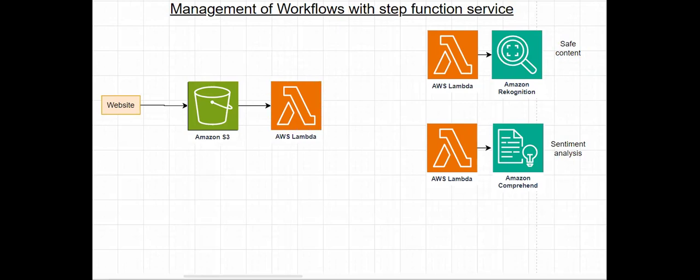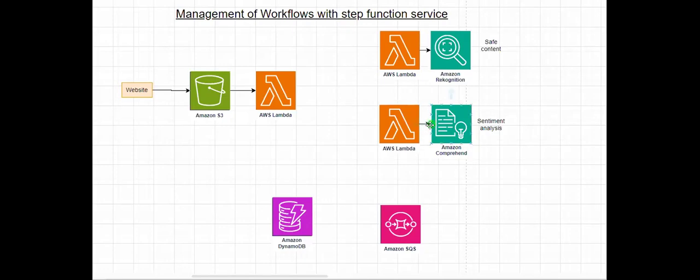So if the safe content is true and sentiment analysis is positive, then I'll put that image into this SQS queue, and then I'll publish that message to this DynamoDB. Based on the messages saved in this queue, I'll publish them directly to my website. By implementing one more workflow in between, I'll simply publish the content present in my SQS queue to my website.